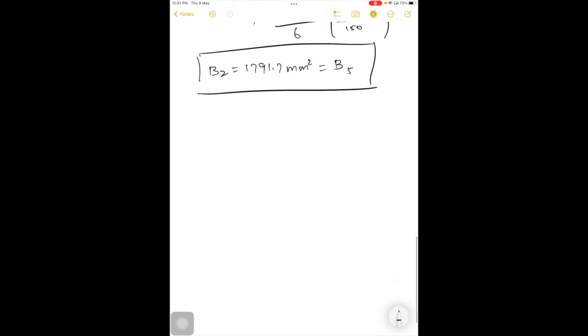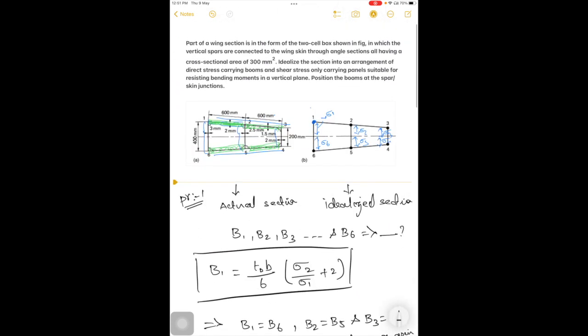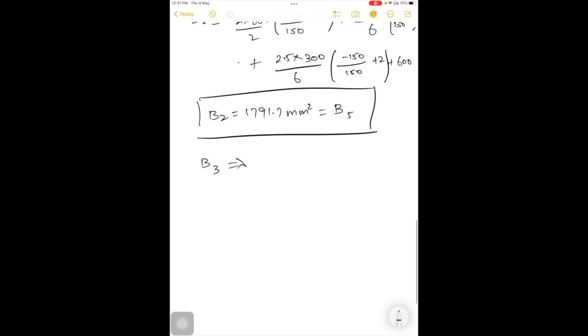The same manner we will do for B3. B3 connects panel 3 2 and 3 4.